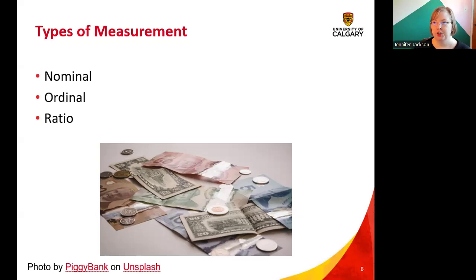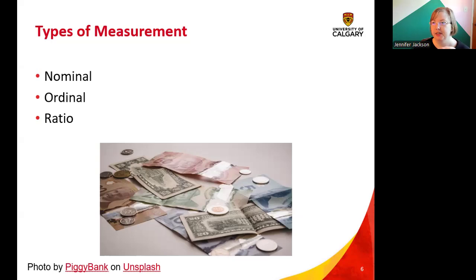Ordinal variables do have a hierarchy, but they are not necessarily equal increments. Where we often see ordinal variables is: tell me your income. And it might be under $50,000, 50,000 to 75,000, 75,000 to 100,000, 100,000 plus.